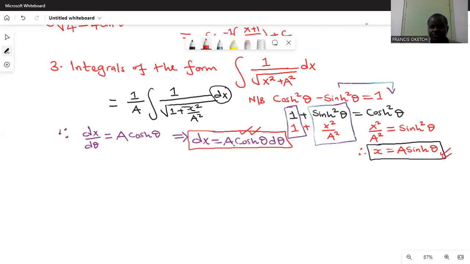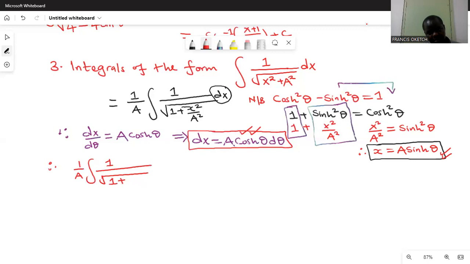So when you substitute, what do we get? Our integral will now become 1 over a, the integral of 1 over the square root of 1 plus, what is x squared over a squared?